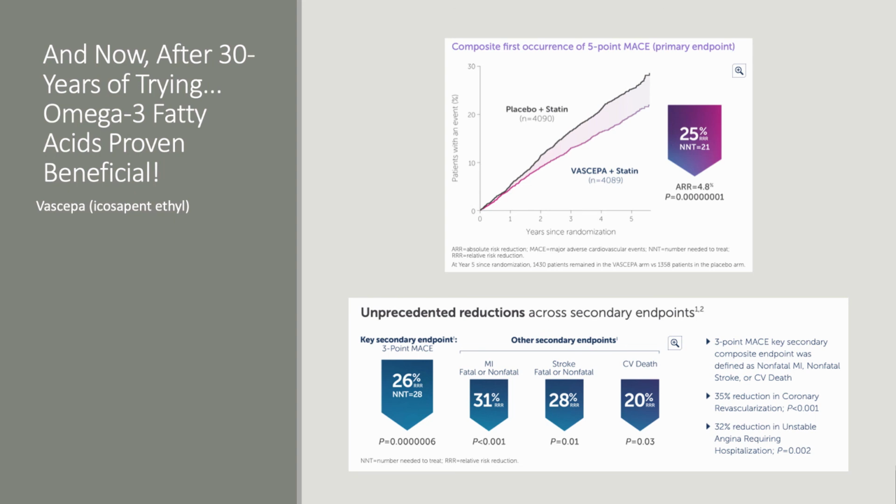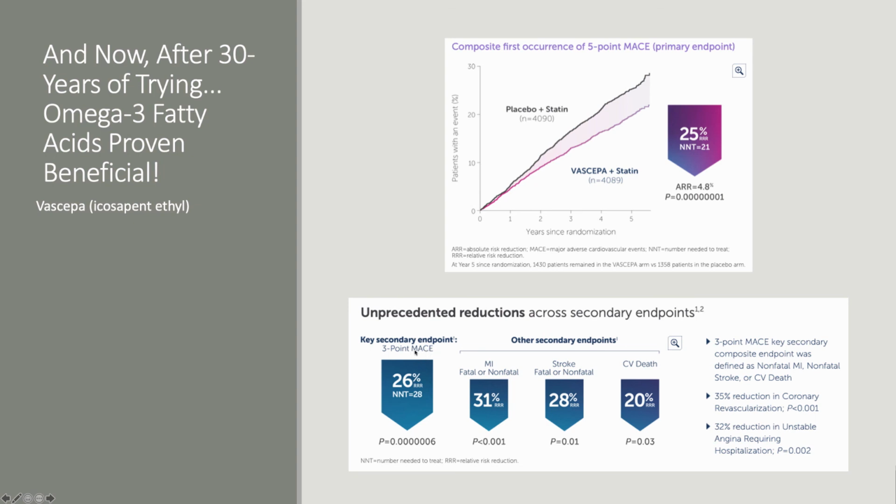Also, for the first time after 30 years of trying, we now have an omega-3 fatty acid that is proven to be beneficial. It decreases your chance of major adverse cardiac events.